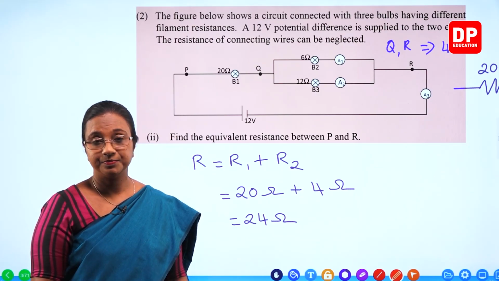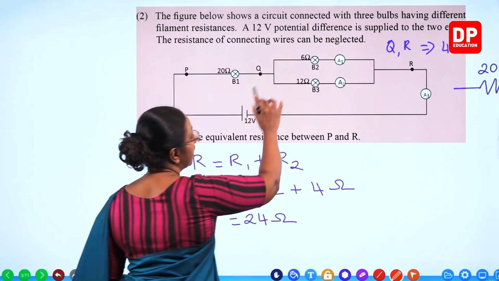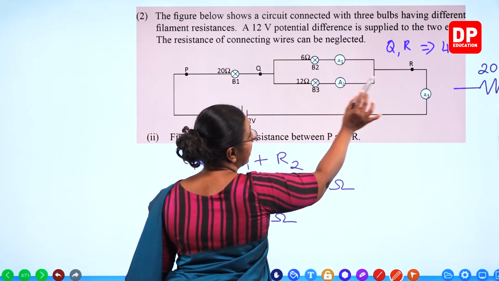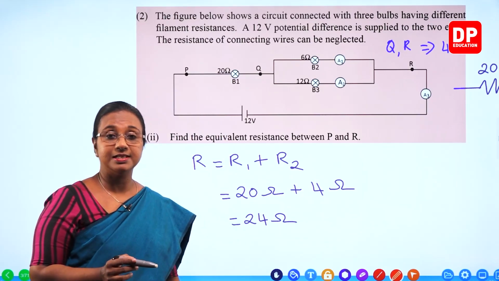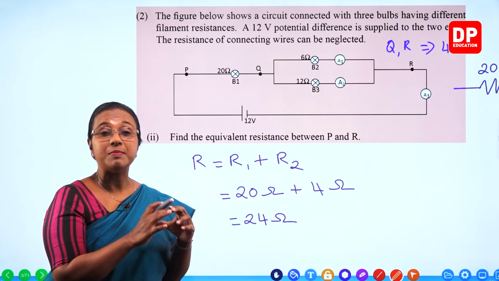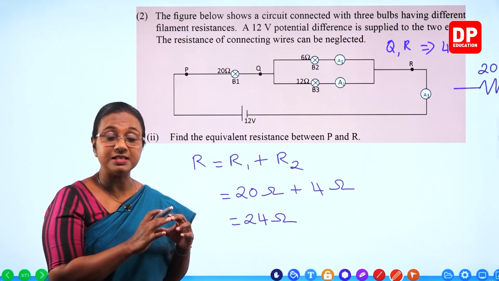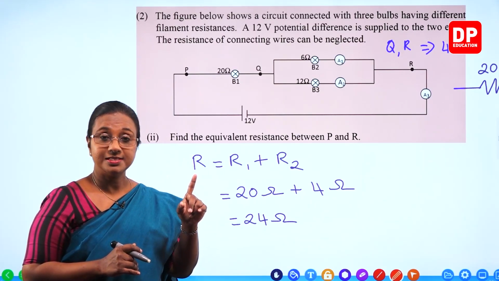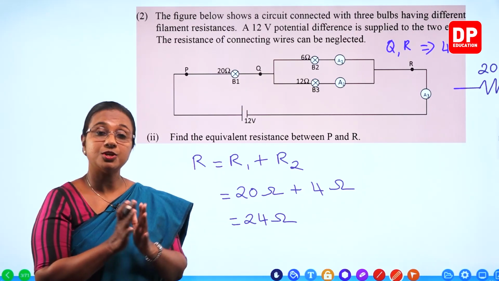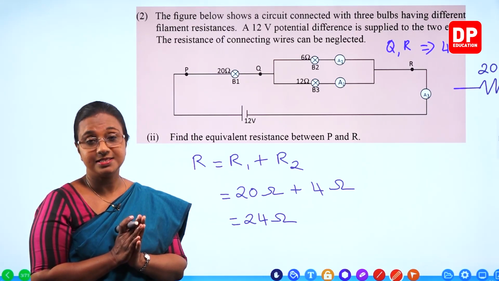Is that clear? So although there are 2 bulbs here, they are parallel, but we have found the equivalent resistance, then it acts as one resistor. You can remember, equivalent resistance means one resistance that will give the effect of the combination of the other resistors.